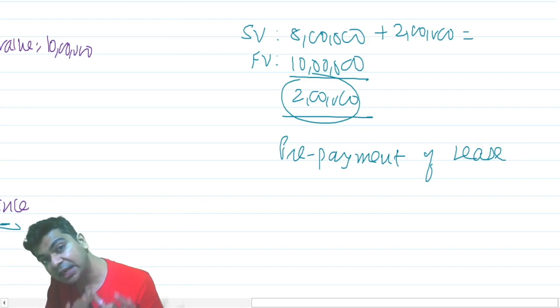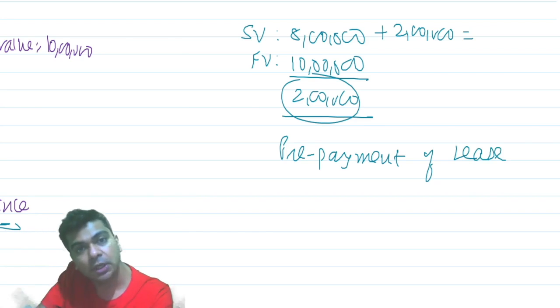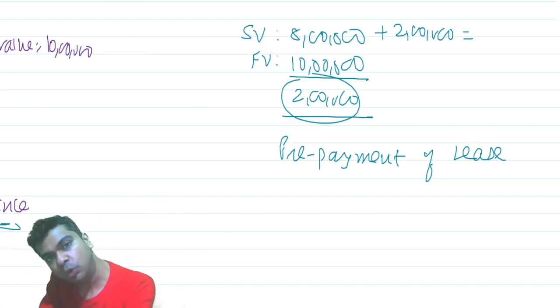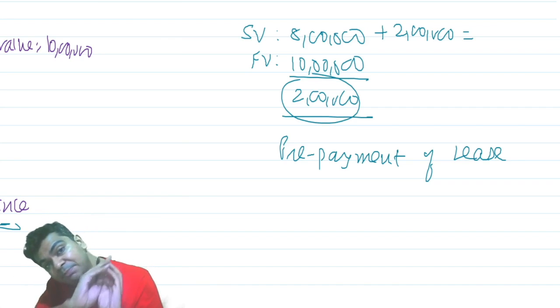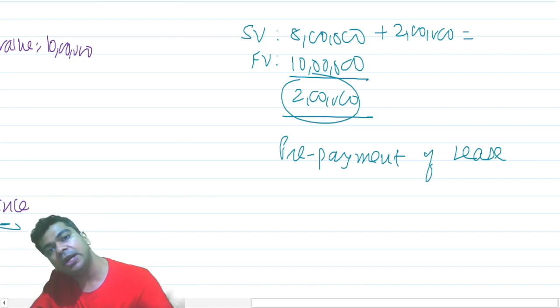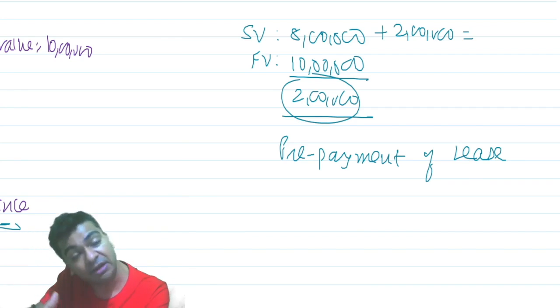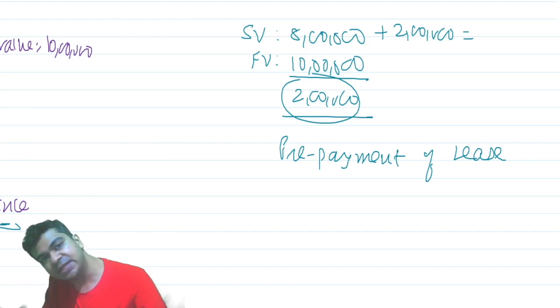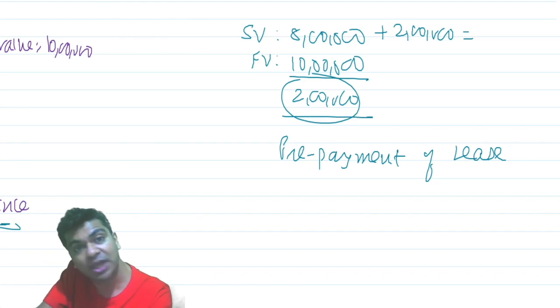This time you are selling an asset worth 10 lakhs, but you are getting in return only 8 lakhs. So the lessee is arguing that, see, in this kind of a situation, my lease payments will be on a lower side. Consider as if lease payments of 2 lakhs are already prepaid, as if I have already made an advance payment of it. In the earlier case, the lease rent will be higher because the buyer will recover the asset and also recover the extra money that he or she has provided.